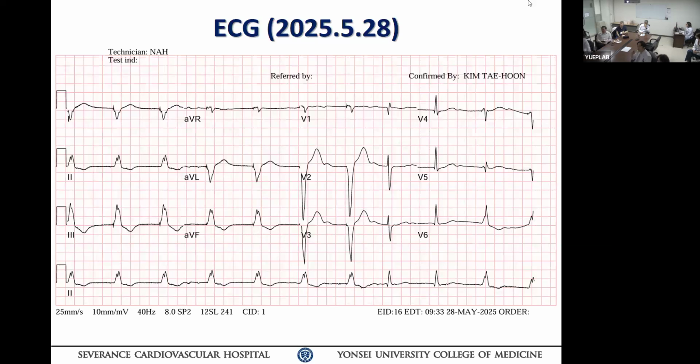This is inferior and right side, so inferior to the right.